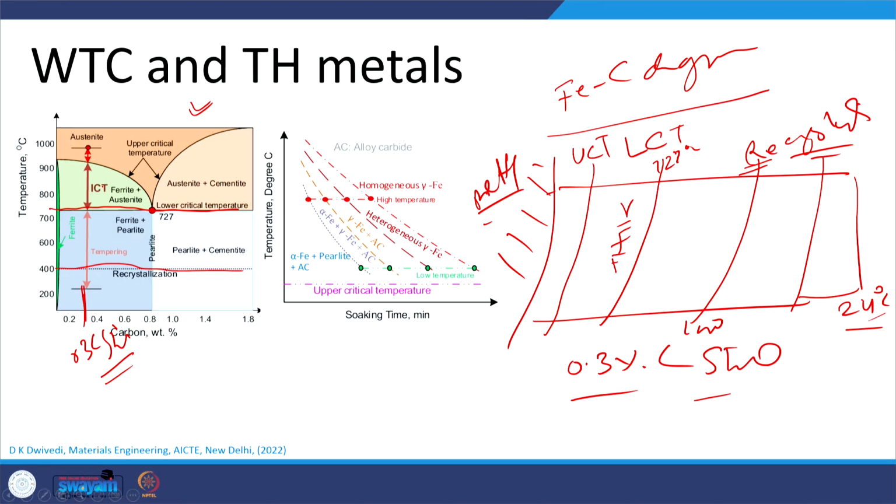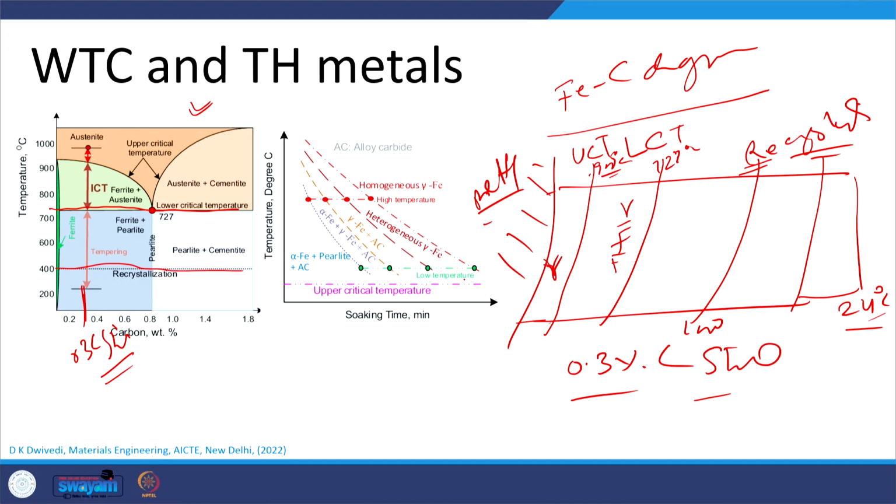If you go further higher, about 900 degrees centigrade, that is the upper critical temperature for this particular composition. Above this temperature we have just austenite, that is all. This austenite, obviously at high temperature, is retained for a shorter time.